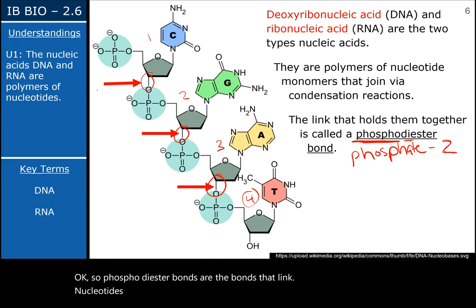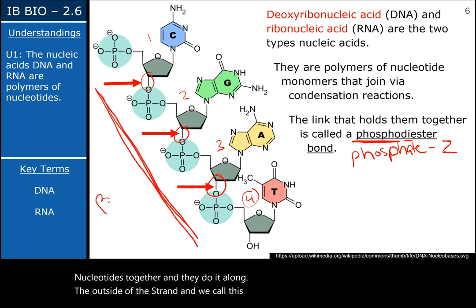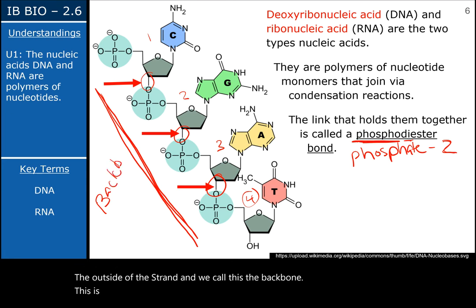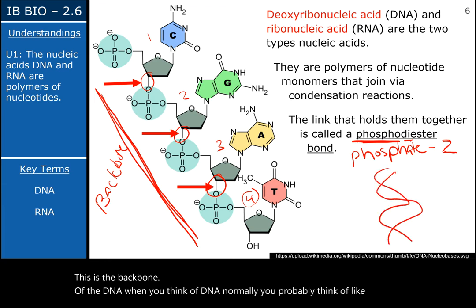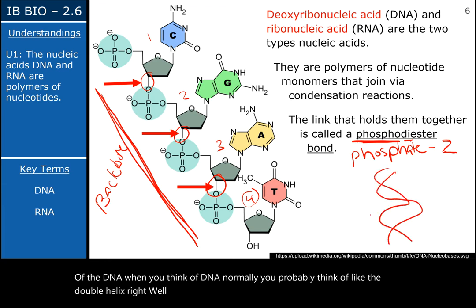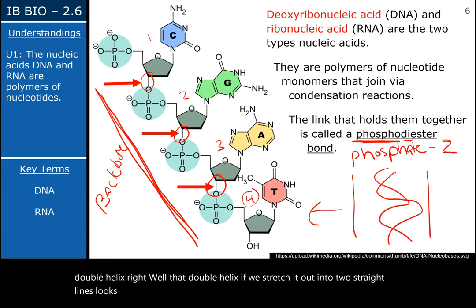And they do it along the outside of the strand, and we call this the backbone. This is the backbone of the DNA. When you think of DNA normally, you probably think of like the double helix, right? Well, that double helix, if we stretch it out into 2 straight lines, looks like this. This is one straight line.